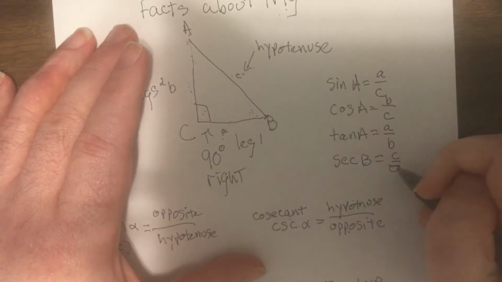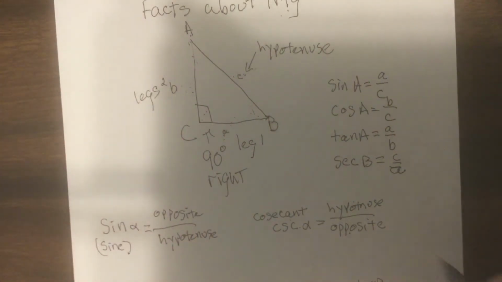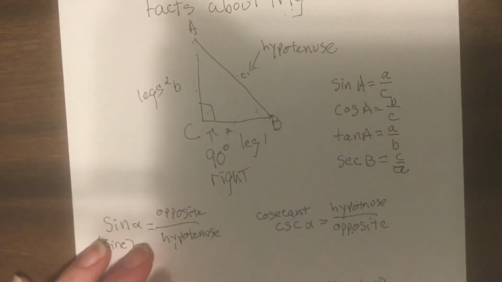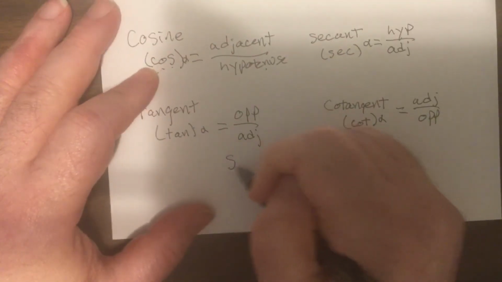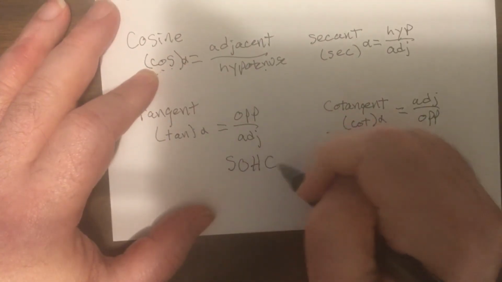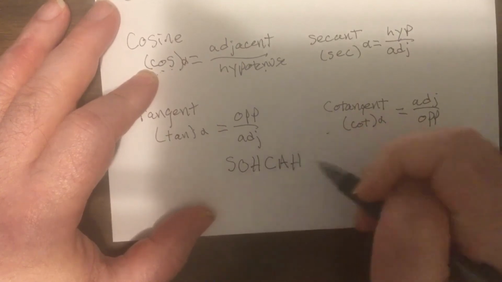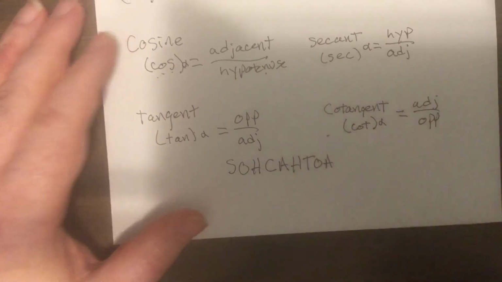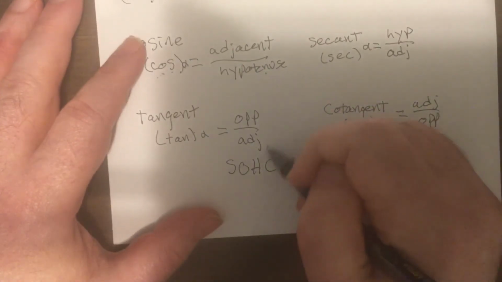Now, if you don't have these memorized, and I say, okay, what's a cosine A? You're like, I don't know. And then you're going to be lost. Now, someone came up with a little phrase a long time ago to help you memorize 3 of the trig functions. Then you just remember the reciprocals. And that is SOHCAHTOA.